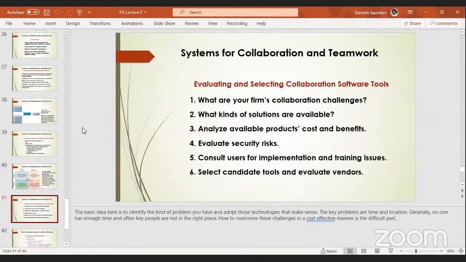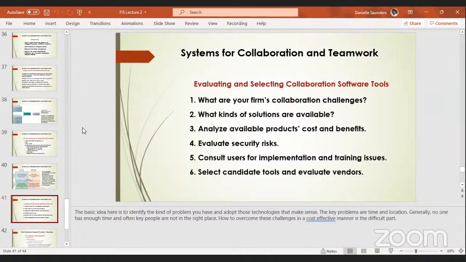If you want to think about buying or using collaborative tools, you want to ask yourself: what are the collaborative challenges of the firm that you're working for or own? What type of solutions are currently available? Analyze the costs and benefits, obviously, and evaluate if there are any security risks or other organizational challenges.